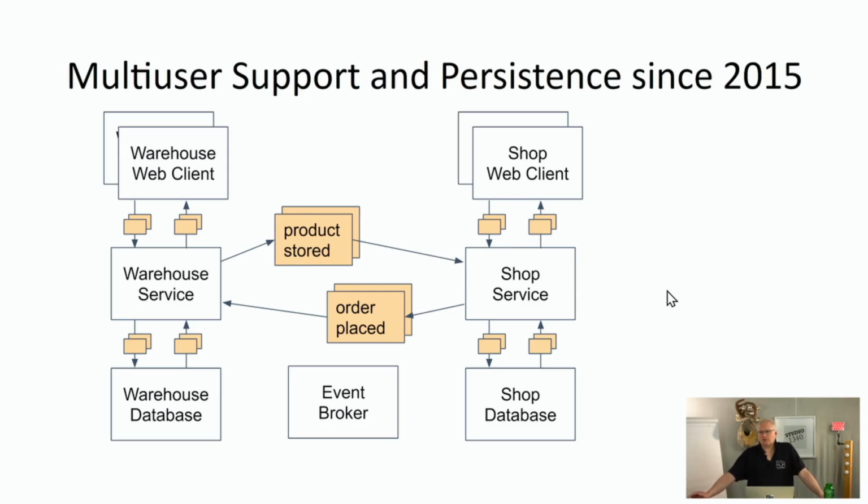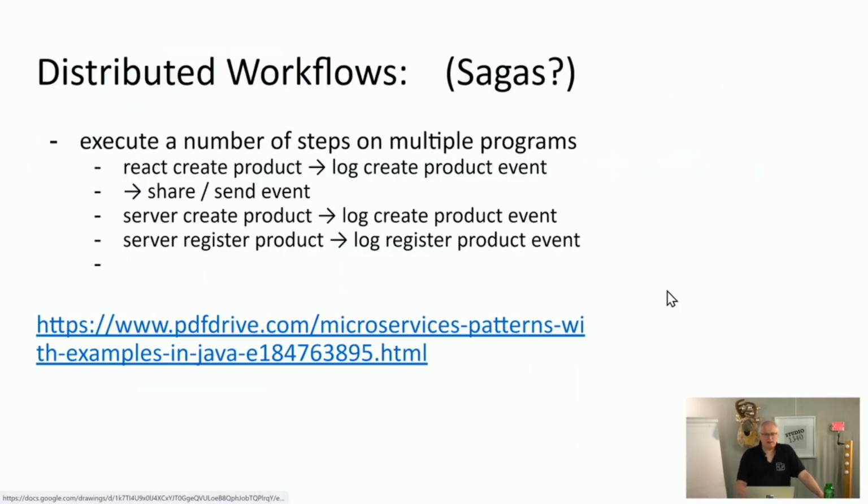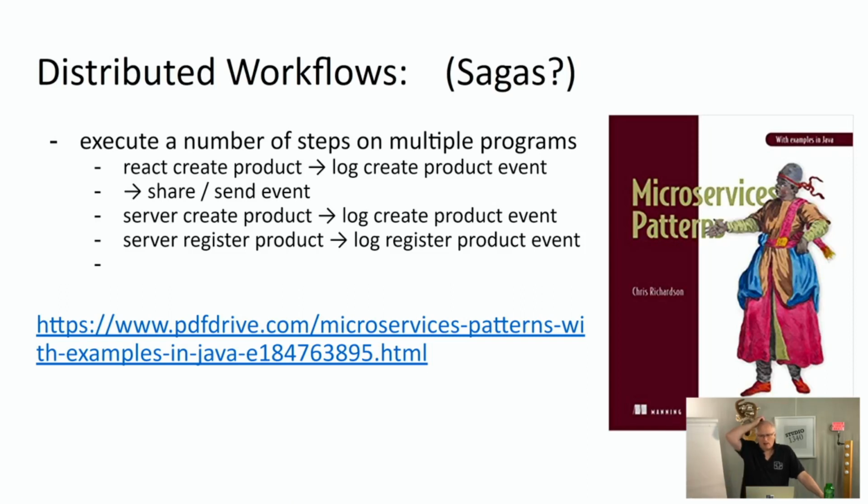And actually, there is a lot of discussion going on in science on how to split a big program into multiple microservices. And what is a good idea how you might do that? And actually, the book to read is Chris Richardson's on microservice patterns.